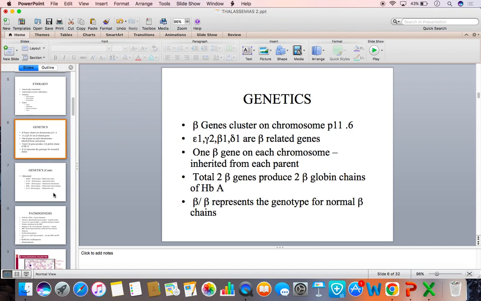And there are two beta genes controlling the two globin chains in the adult hemoglobin, which in combination with the two alpha globin chains form the adult hemoglobin.